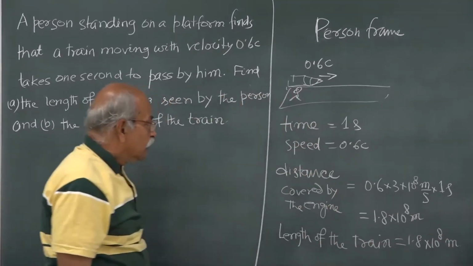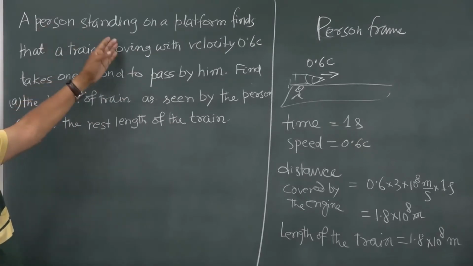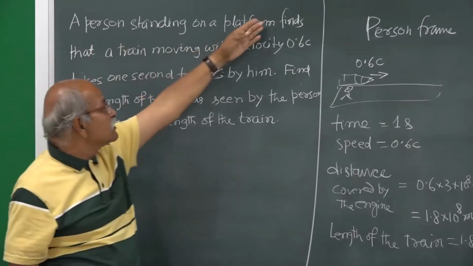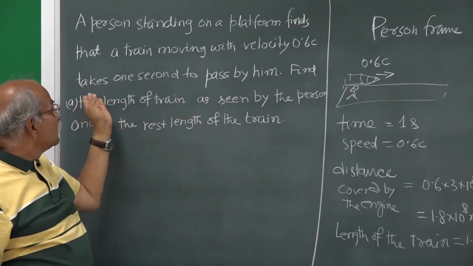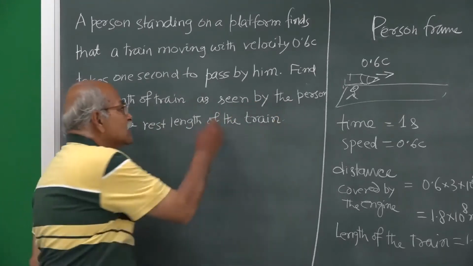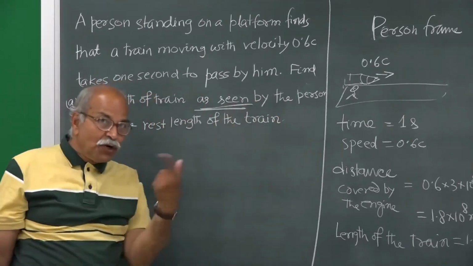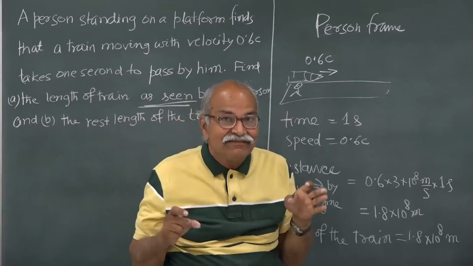Okay. And when I say that a person finds that, here, find the length of the train as seen by the person. So, this "as seen" should not be taken as seen by the eyes.